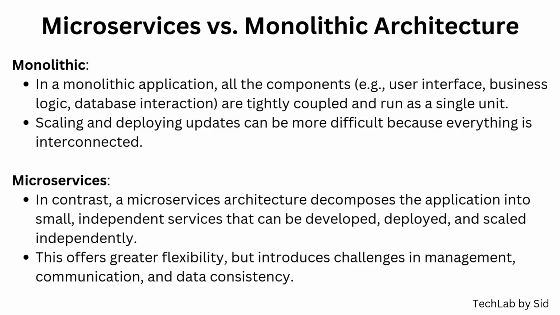Microservices. In contrast, a microservices architecture decomposes the application into small, independent services that can be developed, deployed, and scaled independently. This offers greater flexibility, but introduces challenges in management, communication, and data consistency.